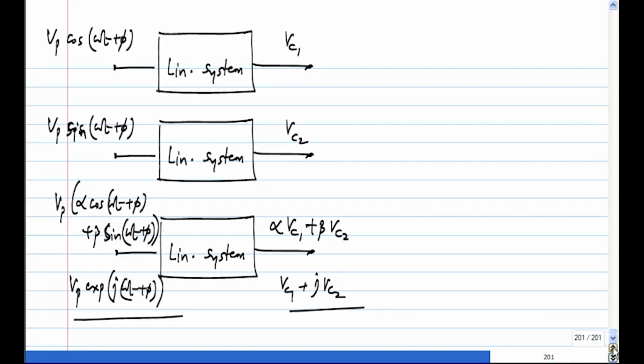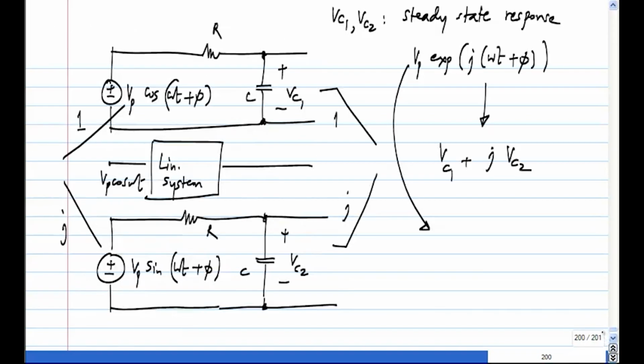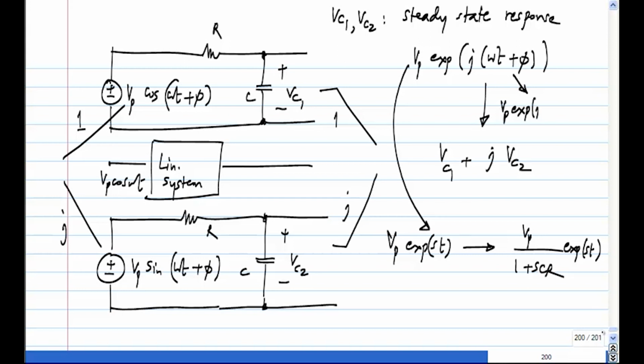So what is the response of our circuit to Vp exponential j(omega t plus phi)? What is the response to Vp exponential st? What was it? The steady state response? Vp by 1 plus sCR, exponential st. So this is nothing but Vp exponential j phi times exponential j omega t.